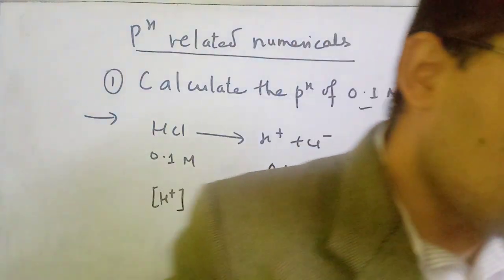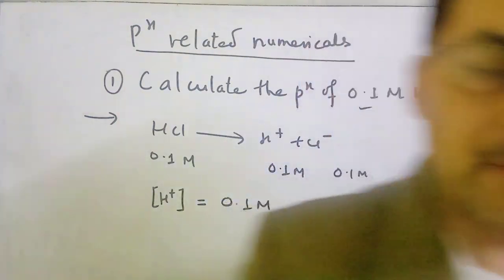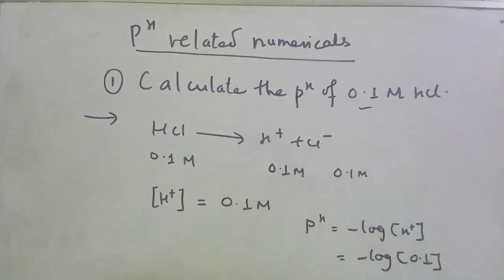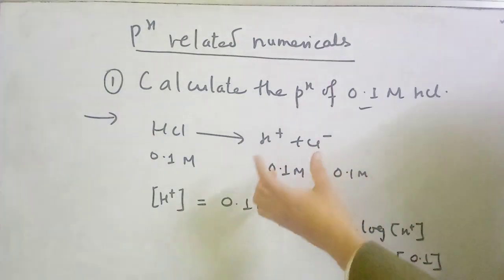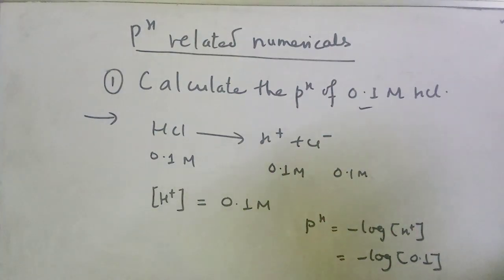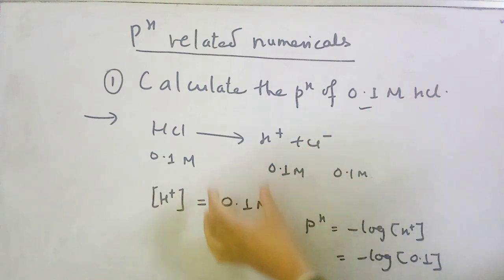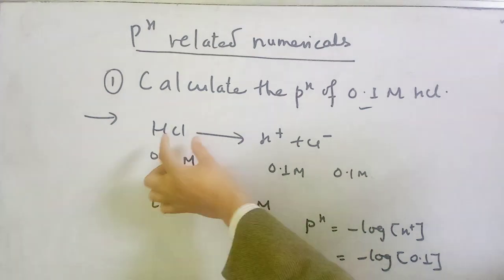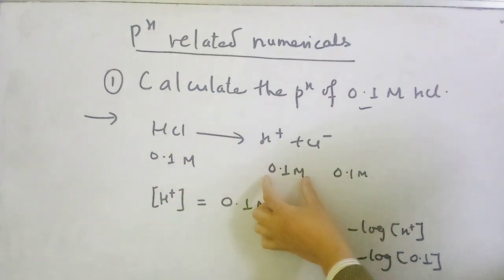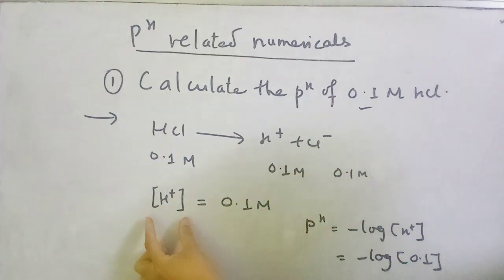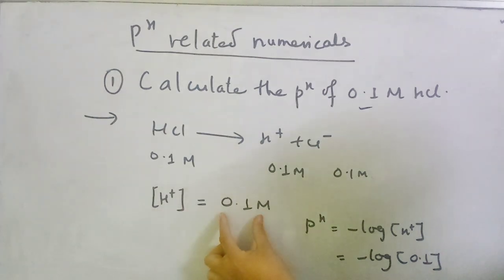So at the beginning I have discussed a very simple, typical problem of how to calculate pH. So HCl, you can take HCl as an example. If you have 0.1 molar HCl, then you first find out the H plus ion concentration, because HCl is completely ionized and it gives 0.1 molar H plus. So the concentration of H plus in moles per liter is 0.1 molar.